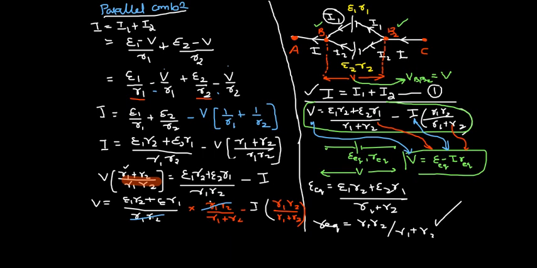Okay, these are some ideas we are obtaining from the derivation. Now I'll summarize these two equations. E equivalent is equal to E1 R2 plus E2 R1 whole divided by R1 plus R2 for parallel combination.